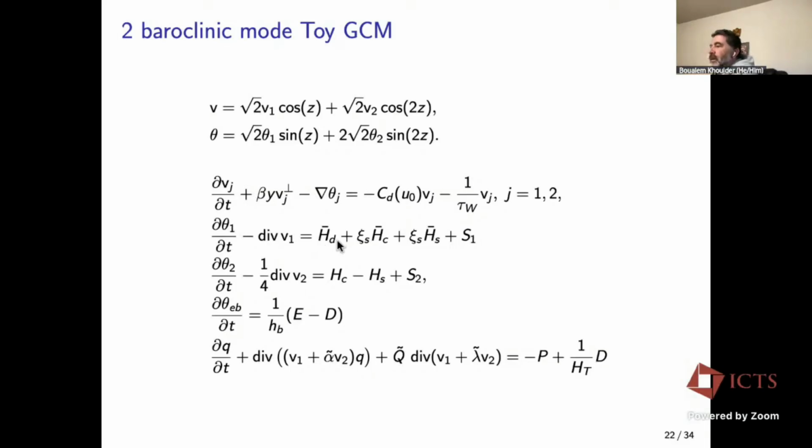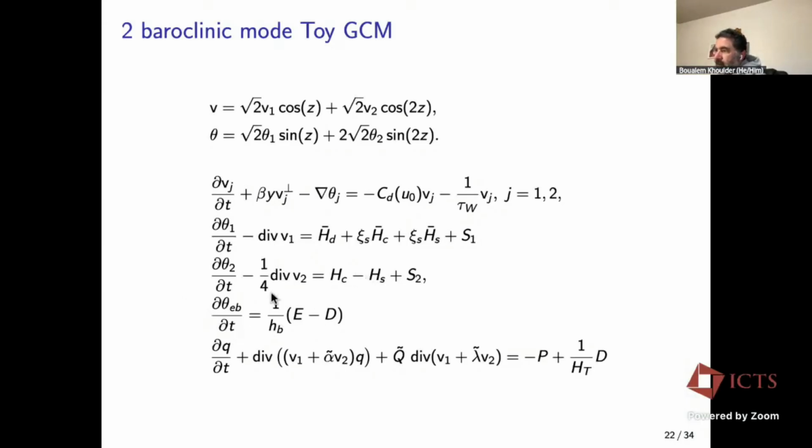But you have two systems, and we can use them to connect to the stochastic model. So the idea is we make these heating profiles or heating rates, deep, congestus, stratiform, that go into the first and second baroclinic modes. The first mode has mostly deep convection, but these parameters can be set to 0, so then you can get only deep convection for the first mode. Then congestus will heat the low troposphere and cool the upper troposphere, and stratiform heats the upper troposphere and cools the lower troposphere. That's why you have a minus sign here.